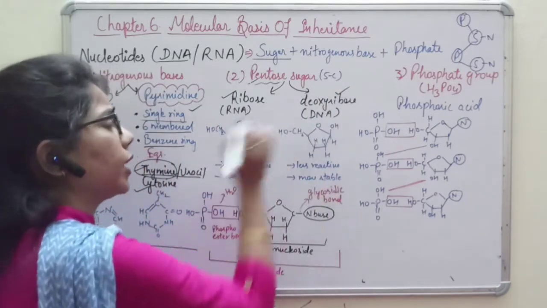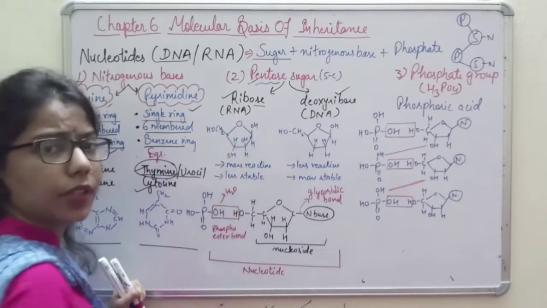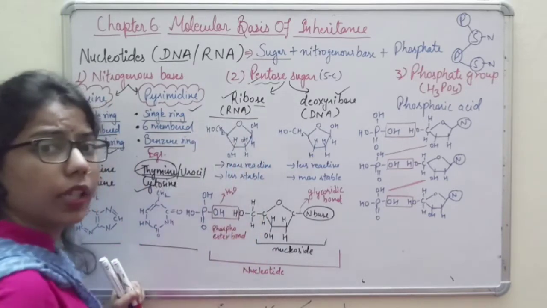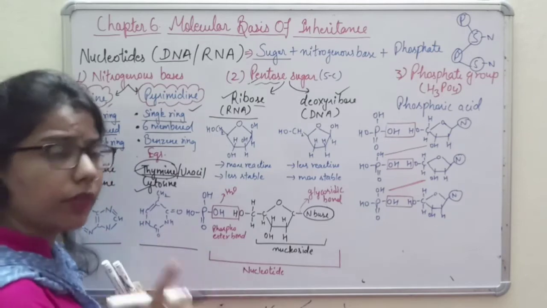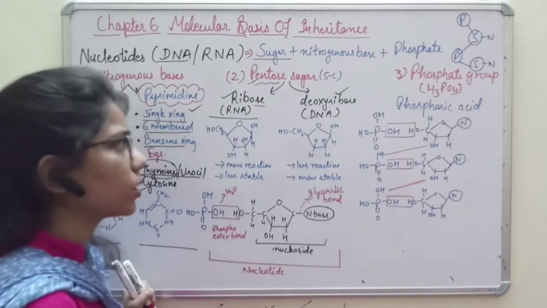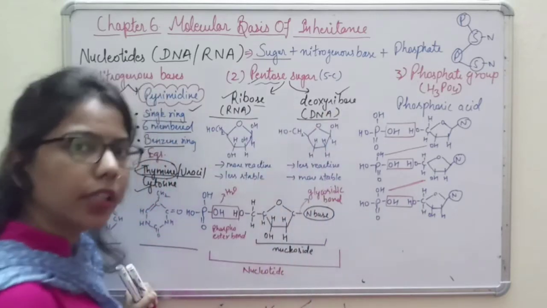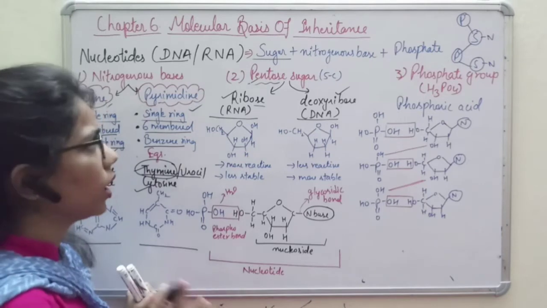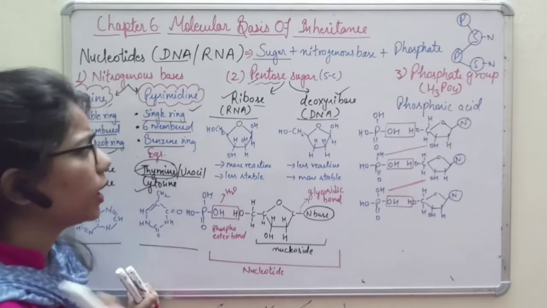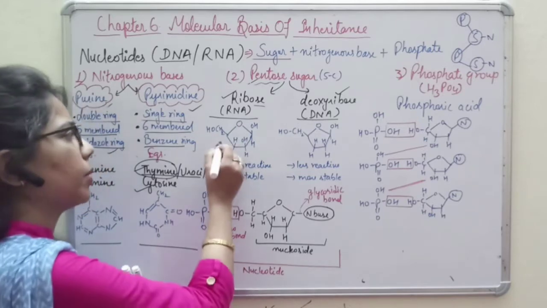The name itself indicates, it will be clear. From the name you can find out in which ribose sugar is present. In RNA. Okay, the sugar which is present in case of RNA is ribose. And the sugar which is present in case of DNA is deoxyribose sugar, and both are the pentose sugar. Clear?